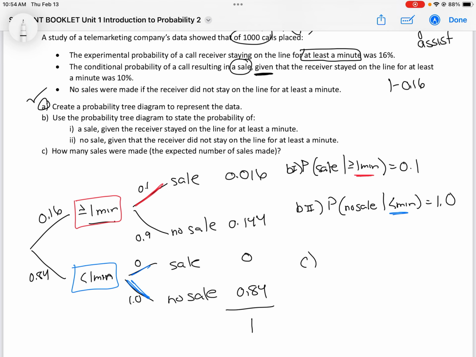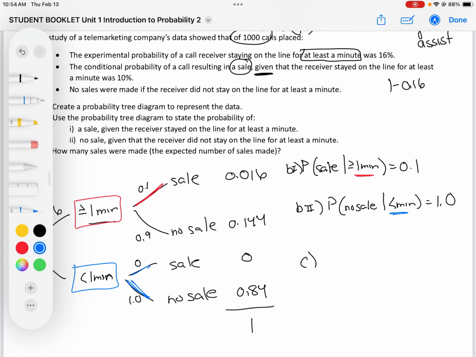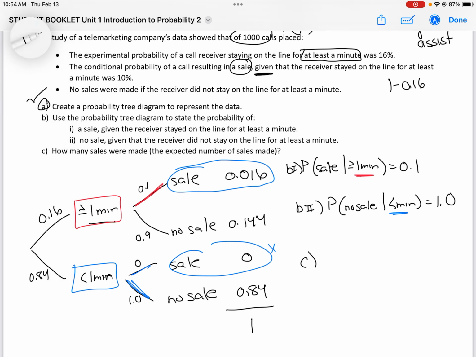Okay, and then to expand this, how many sales were made? If we take a look at sales, we can identify sale 0.016 and then 0. So we don't have to pay attention to this one. We're just going to focus on the 0.016. So the expected number of sales is going to be the number of phone calls, which we read as 1,000, times the probability of a sale.